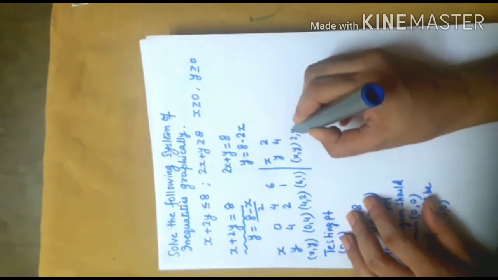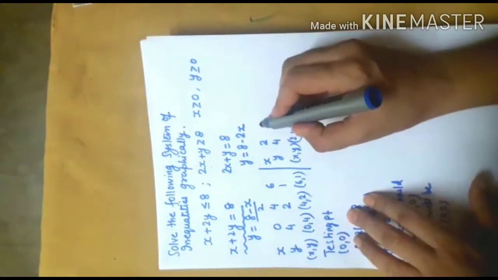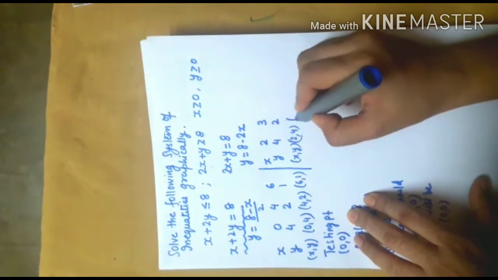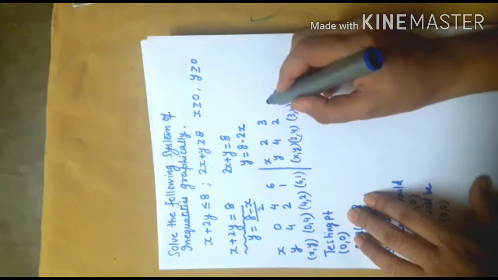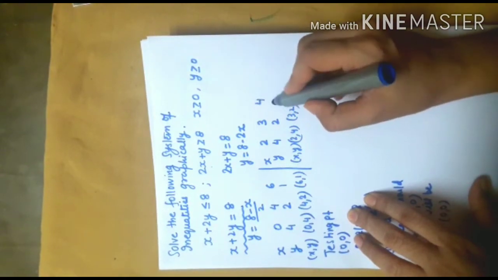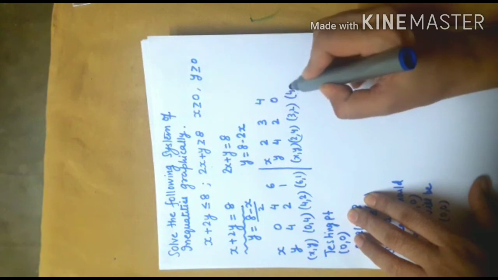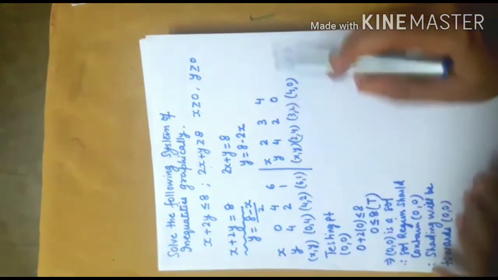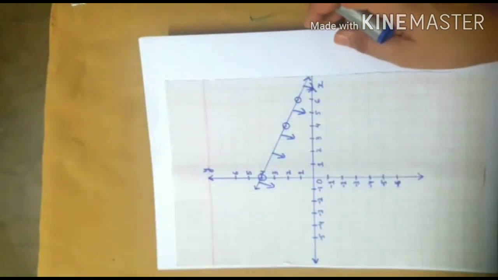So the first ordered pair will be 2 comma 4. Then I put x as 3, I'll get y as 2. So the next ordered pair is 3 comma 2. I'll put x as 4, I'll get 0. 4 comma 0. Now I will plot these ordered pairs on the graph paper.